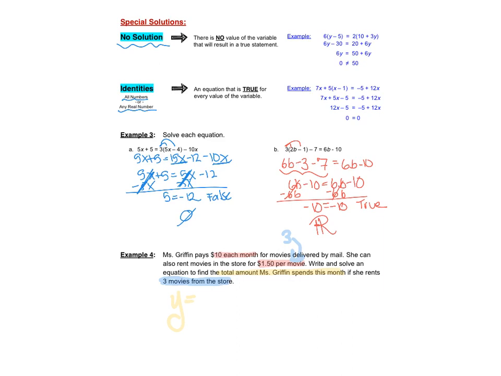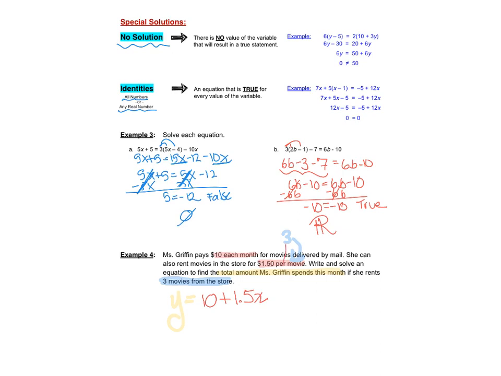Miss Griffin pays $10 each month, and we're talking about 1 month, so that would be $10 that she pays, plus $1.50 per movie, 1.5x or $1.50x.